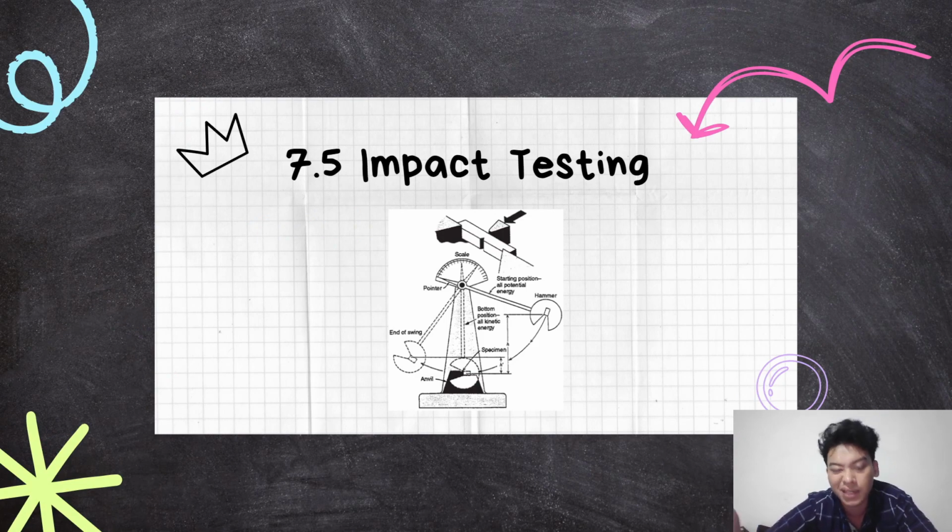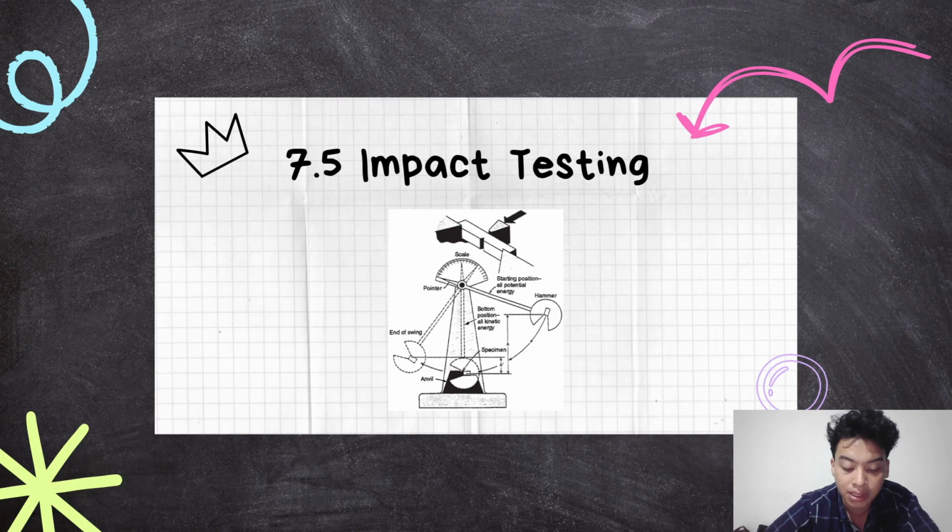7.5 Impact testing. In an impact test, the specimen is subjected to dynamic shock loading to evaluate the response of a material to rapid changes in loading, such as that experienced by an axle shaft when a car hits a pothole. A standard impact tester and its operation can be seen here.